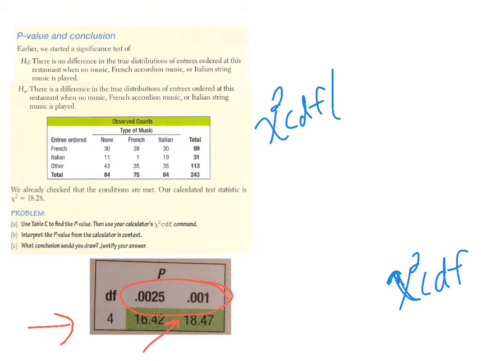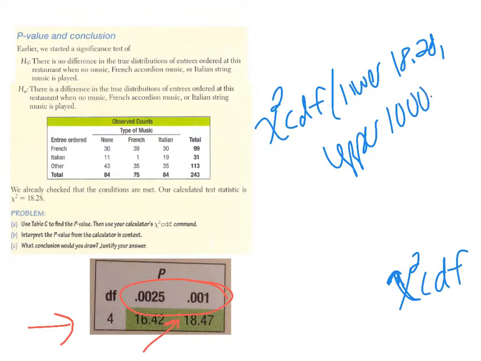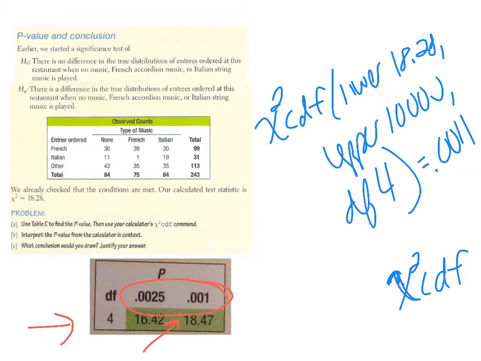You'd have your lower, which is 18.28, my statistic, my upper, which is the big giant number, and then my degrees of freedom, which are 4. When I run that, it should give you a specific p-value of 0.0011. And now that I know that p-value, I can interpret that just like I used to.